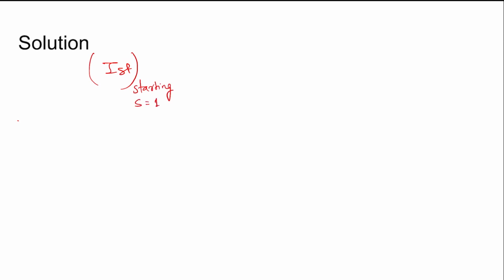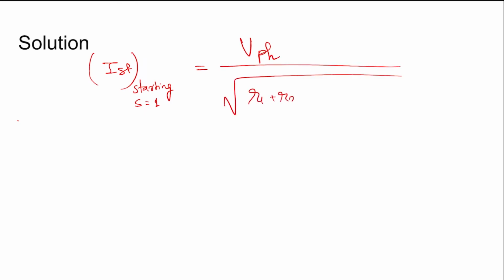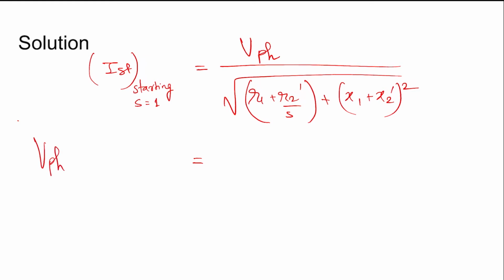So I stator at starting, that is S equal to 1, equals V phase divided by root over (R1 plus R2 dash by S) plus (X1 plus X2 dash) whole square. Now S equal to 1, and V phase equal to 80 by root 3, because 80 volts line to line voltage was impressed in the asked condition in the question.